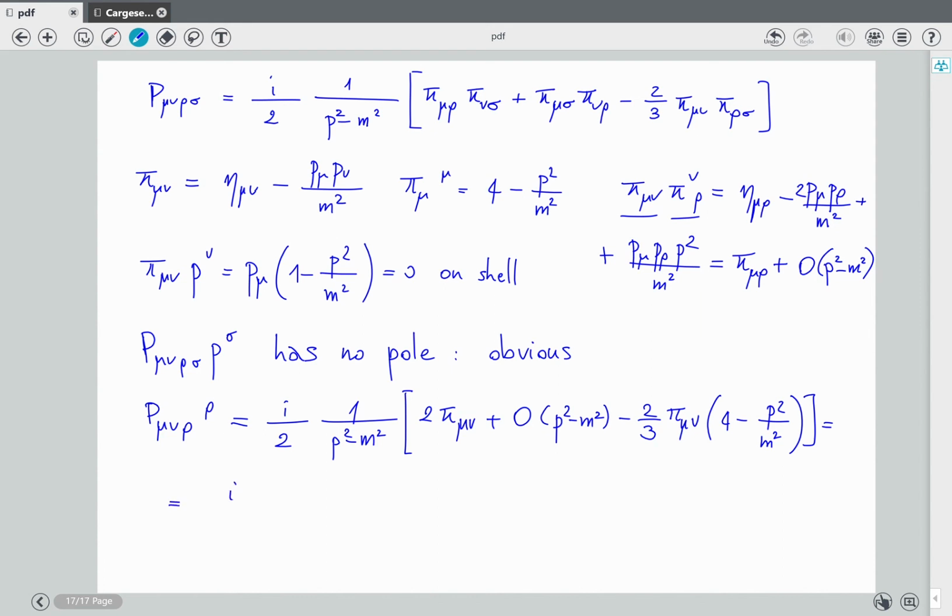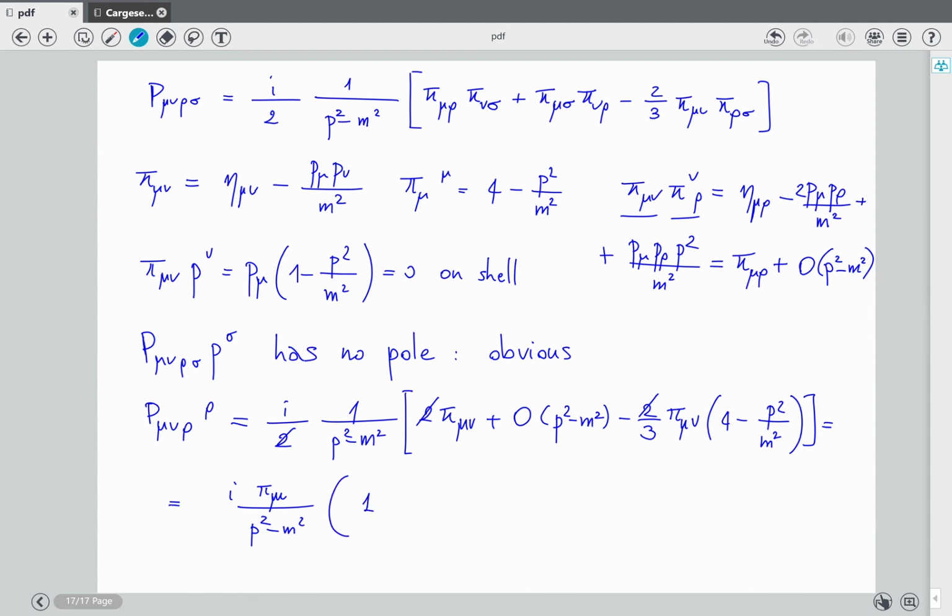Pi mu nu divided by p squared minus m squared. We collect pi mu nu, and we divide by 2, just to simplify a little bit.